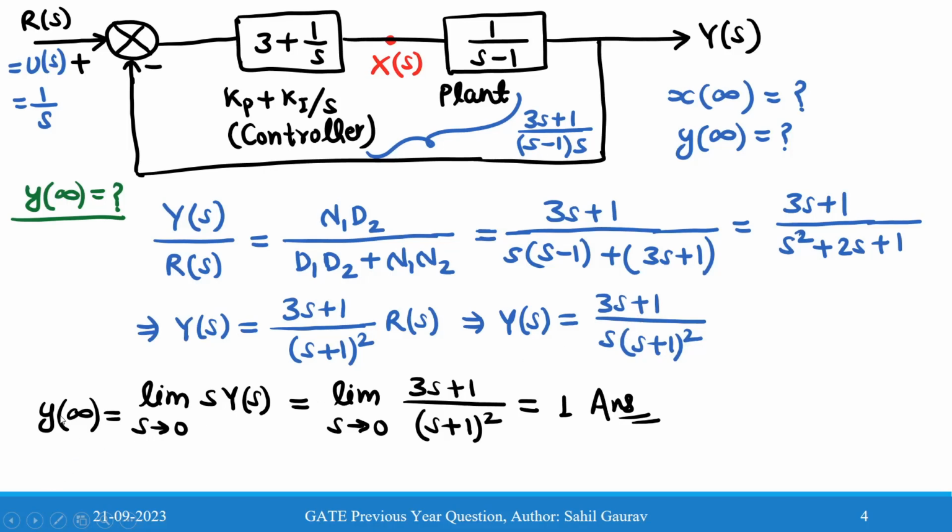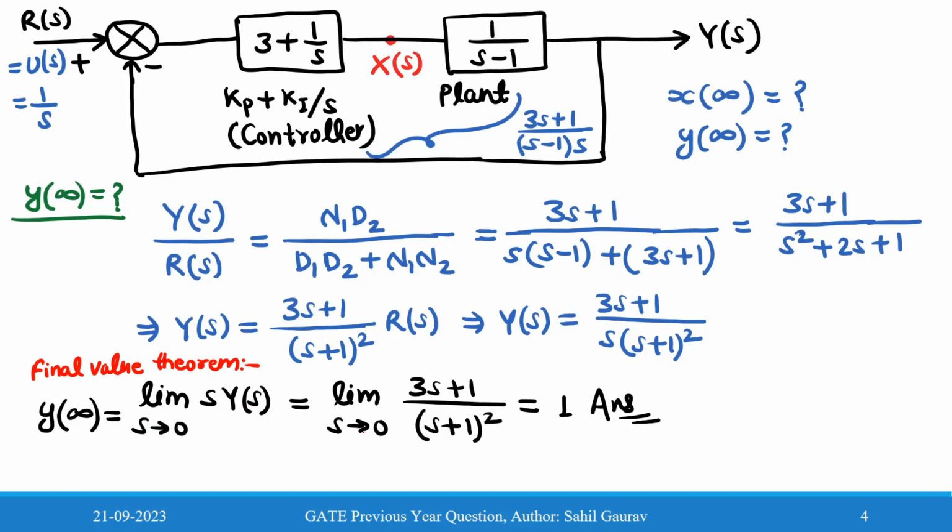Now we will apply the final value theorem, which says that the value of Y(s) at infinite time can be calculated by putting s tends to 0 and multiplying by s.